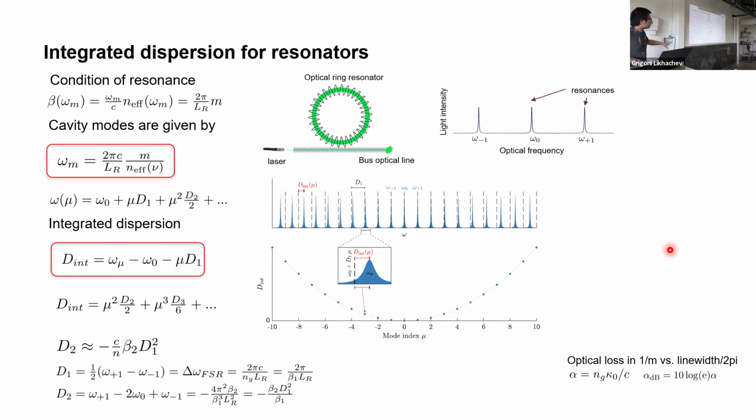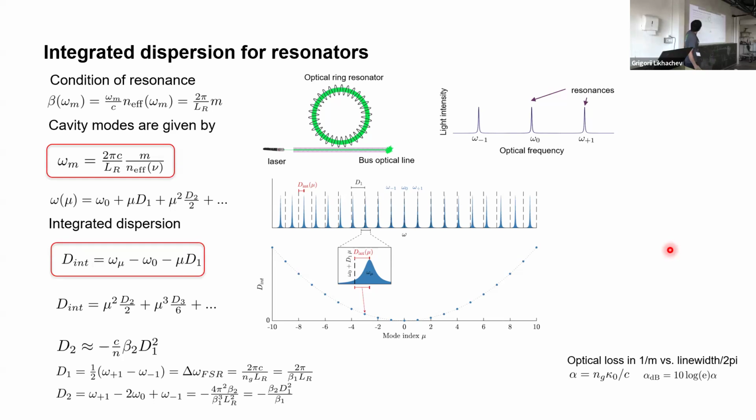Also, getting a step closer to what Sasha has shown: for micro-resonators, we usually tend to use yet another nomenclature for the dispersion. We call it integrated dispersion. Basically, this describes how far a resonance in a resonator is apart from a regular grid.